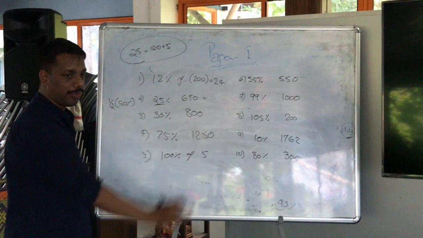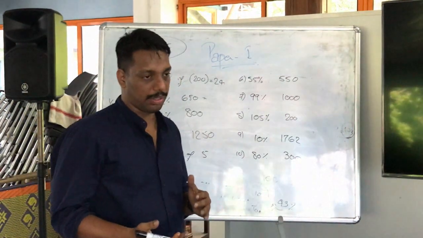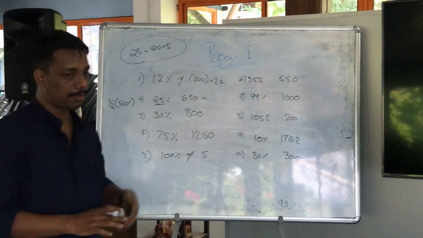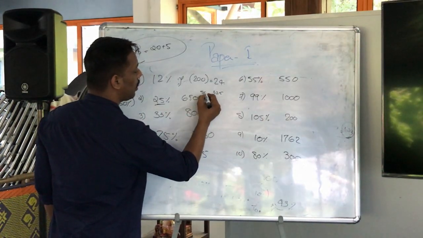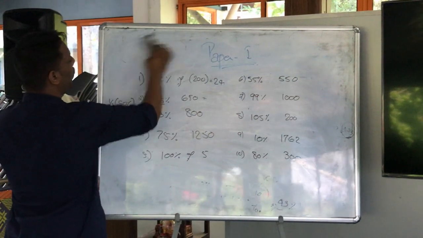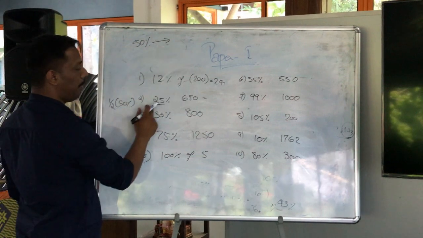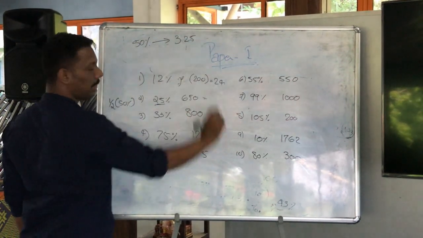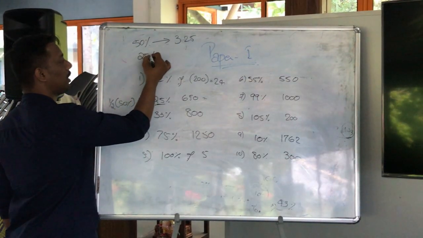What is half of 650? Half of 650 means 50 percentage of 650. This is nothing but 325. Then what is 25 percentage?